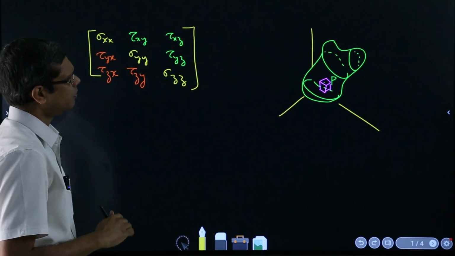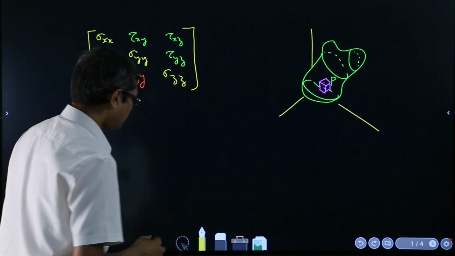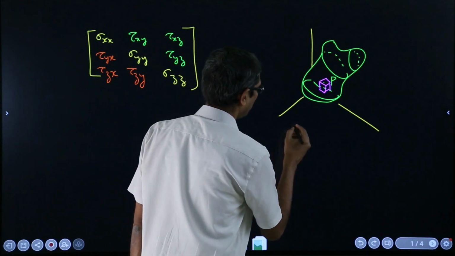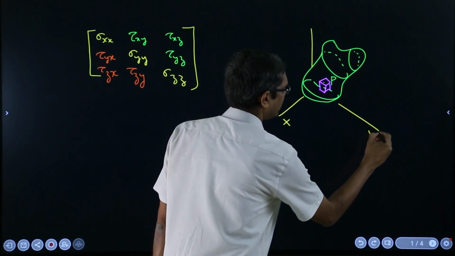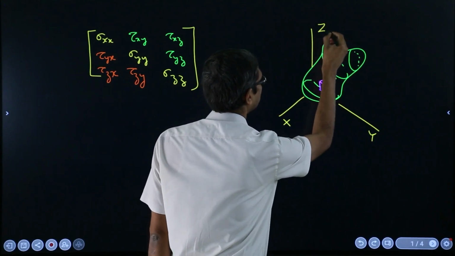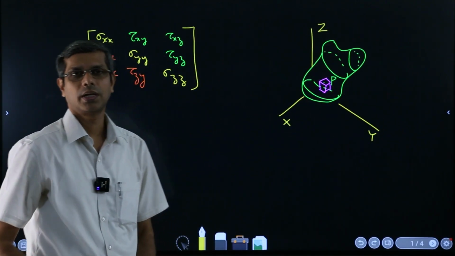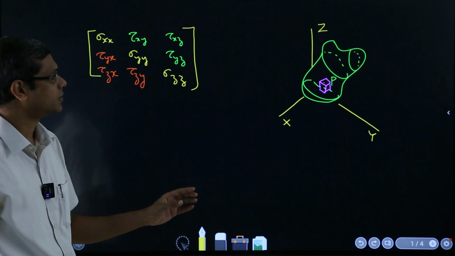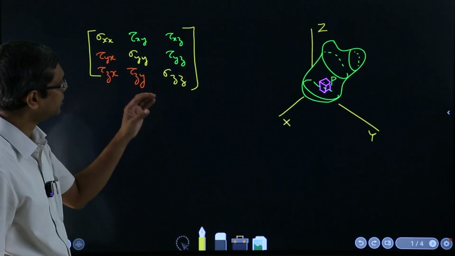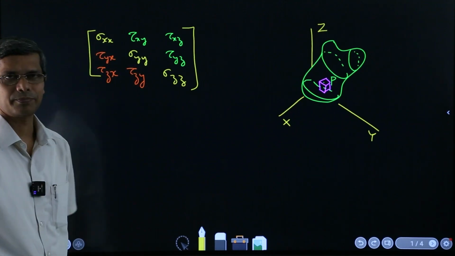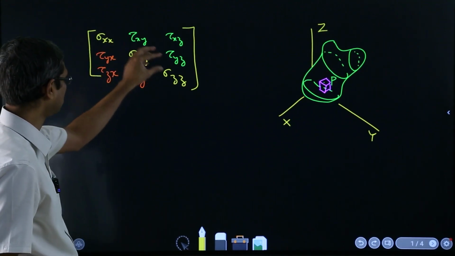Now, here you should make a point that everything happened as we chose a coordinate system, and with respect to that coordinate system we created this cube, and with respect to that cube these numbers came, because these are all numbers.